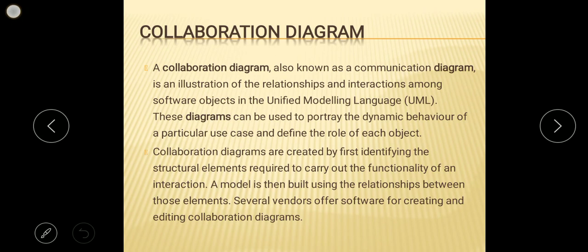Collaboration diagrams are created by first identifying the structural elements required to carry out the functionality of an interaction. A model is then built using the relationships between those elements. Several vendors offer software for creating and editing collaboration diagrams.